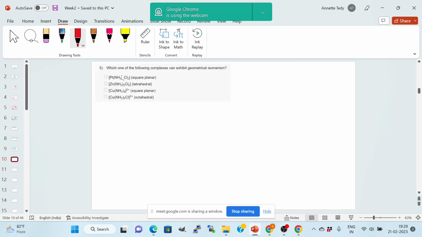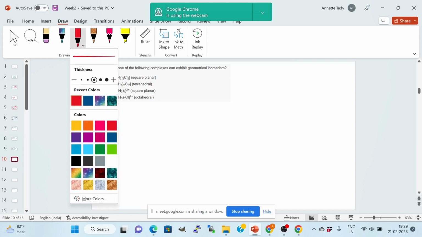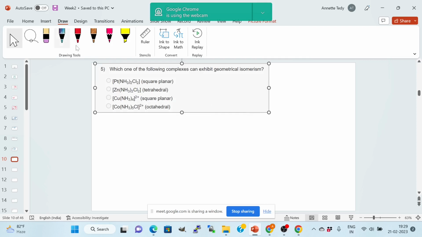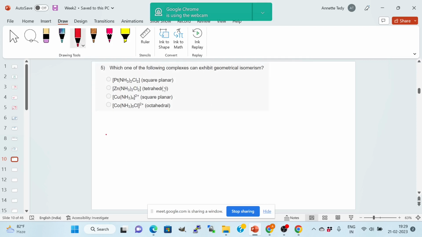Okay. So this one, we make it a bit bigger. Which one of the complexes can exhibit geometrical isomerism? From the last class we discussed cis-trans isomerism, which belongs to geometrical isomerism.